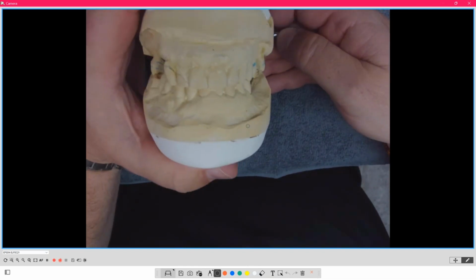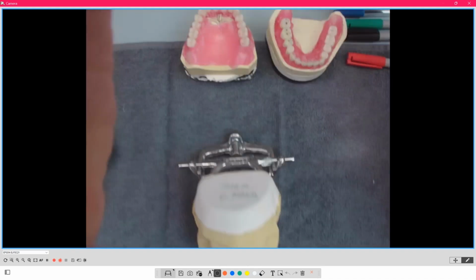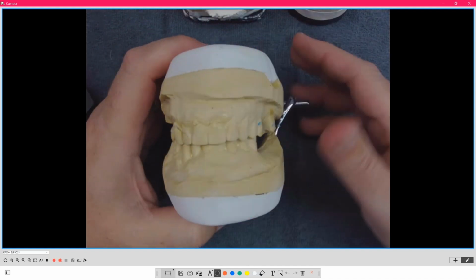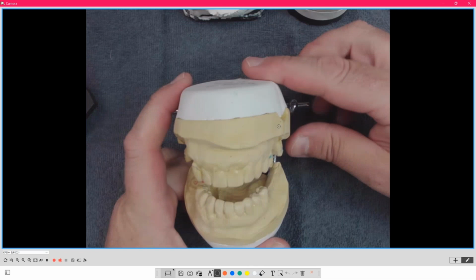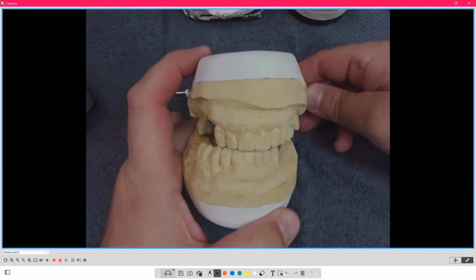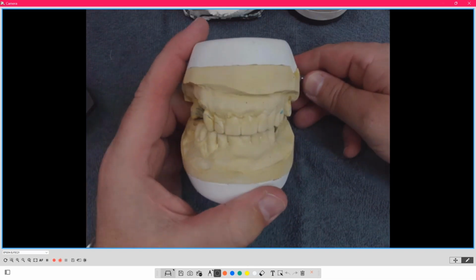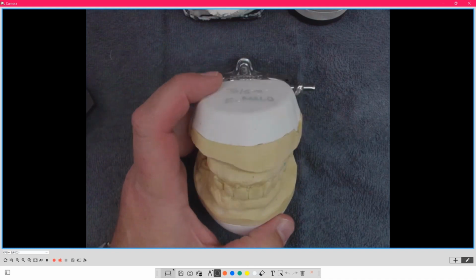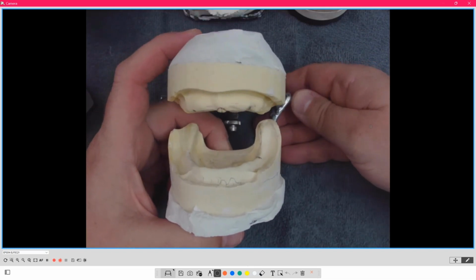Typically we would move the articulator like this, to do working and balancing occlusion, whether it is on a partial denture, for example, or even just a regular upper and lower denture, articulated.